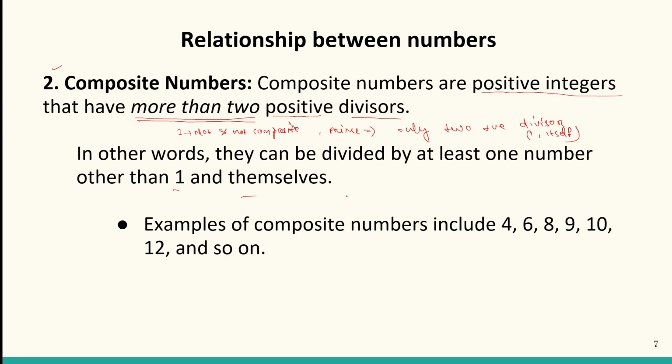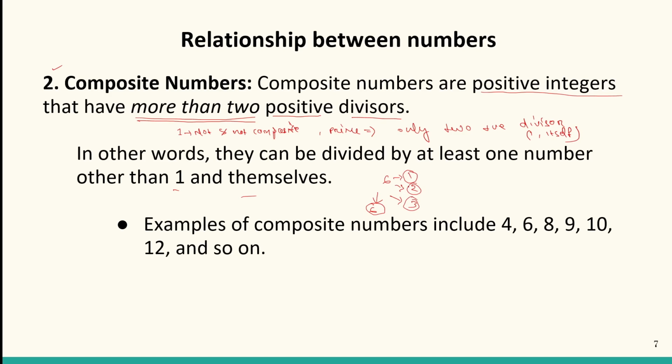For example, let's go for 6. For 6, we have 1 divides 6, 2 divides 6, 3 divides 6, and 6 divides 6. See here, 1 divides 6 and 6 divides 6, but 3 and 2 also divide it.